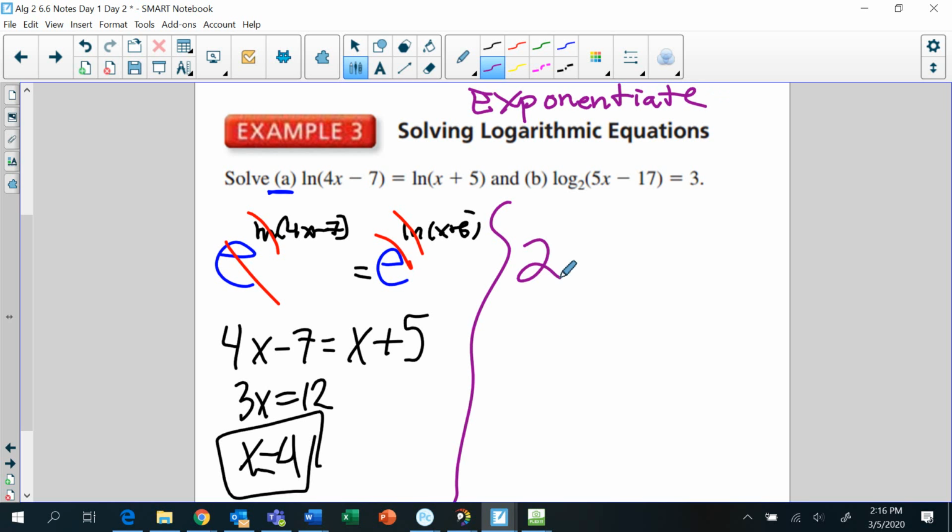So we're going to do 2 to the log base 2 of 5x minus 17 equals 2 to the third.